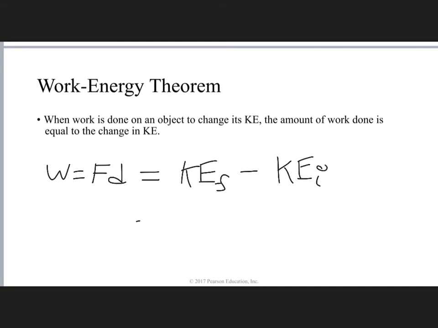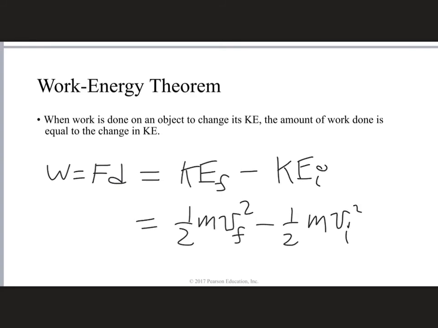Of course, that's 1/2 times the mass times the final speed squared, minus 1/2 m v_i squared, which is 1/2 the mass times the initial speed squared. And so this is the change.